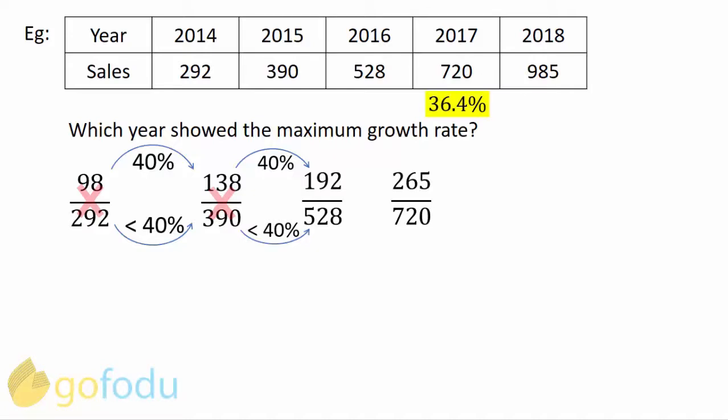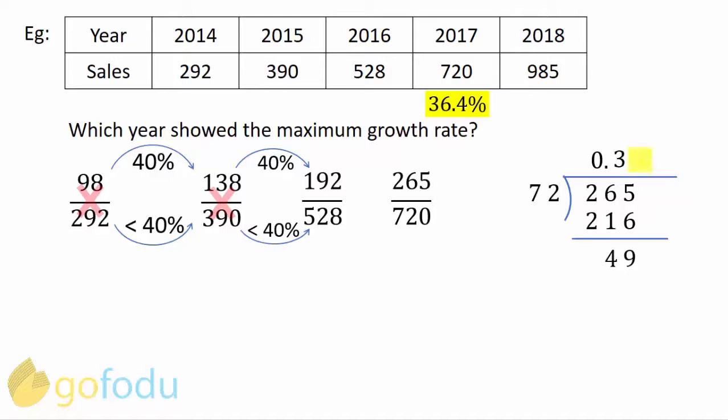Now we have 265 by 720. It's relatively simpler, so we directly go with the traditional method, and instead of dividing by 720, we remove the 0 and we will divide by 72 and we put a decimal in the quotient. 3 times 72 is 216, which leaves us with 49 as the new dividend.